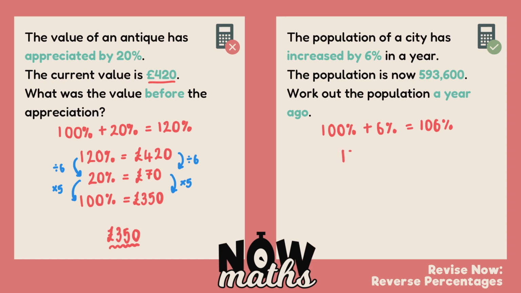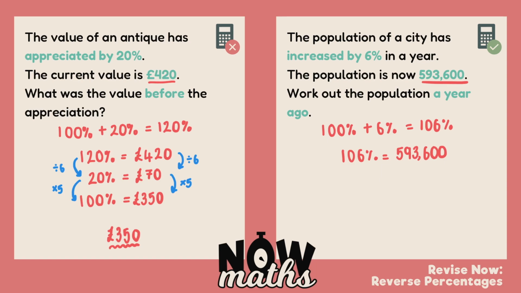So we'll say that 106% is equal to the population now, which is 593,600. Now we need to find a number that goes into 106% and 100%. The only percentages that do that are 1 and 2.